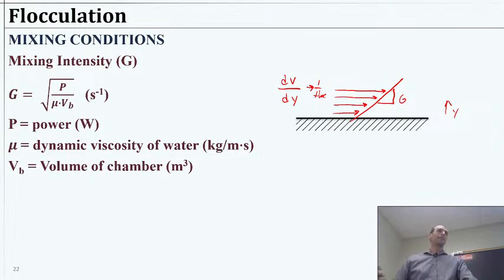How viscous is the stuff, right? It would be different to stir pure water compared to ethanol compared to syrup, right? Each of those have different viscosities. They're going to be acting differently as you mix them. And then this V_B, the volume of the basin.